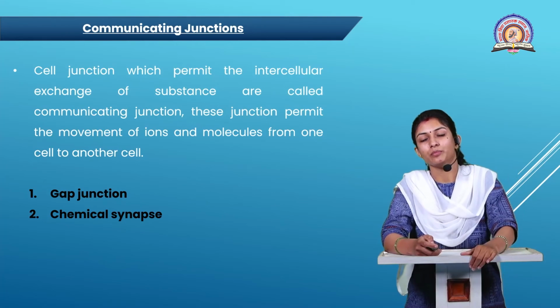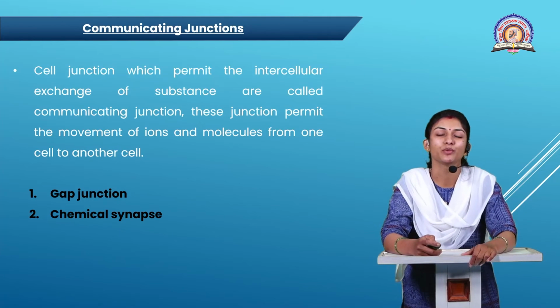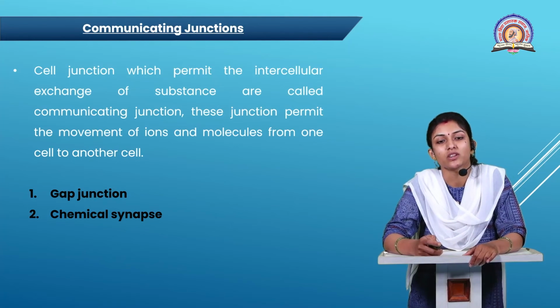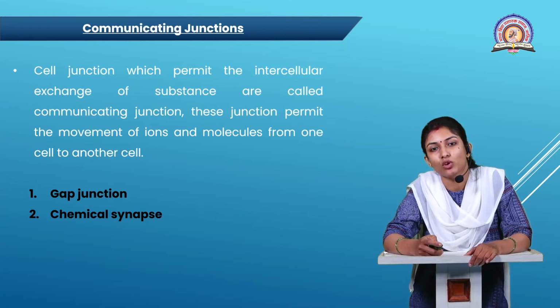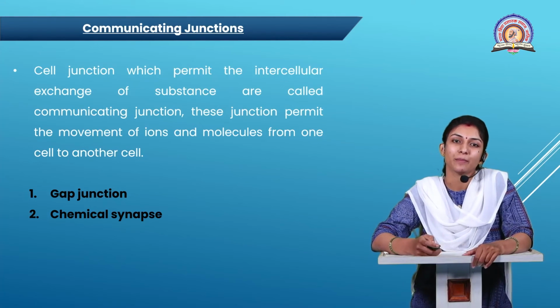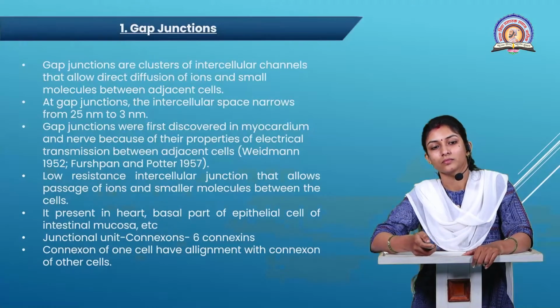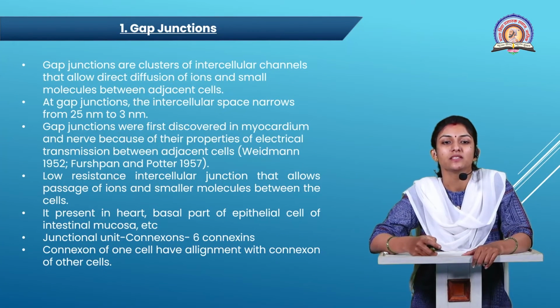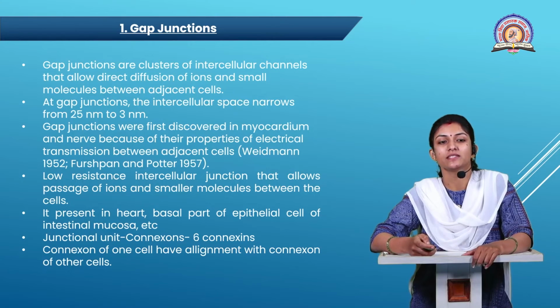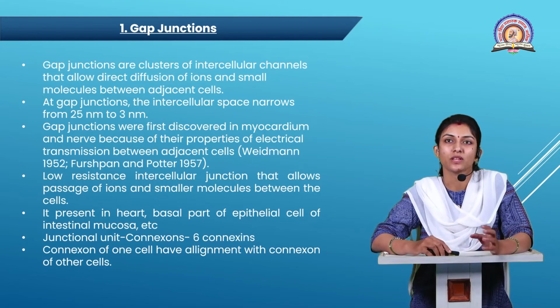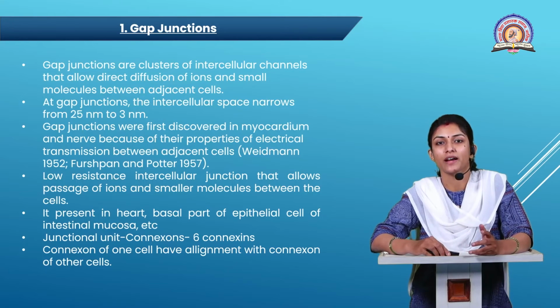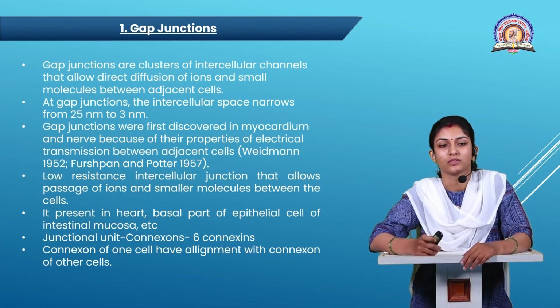Now, the third type of junction, communicating junction. Communicating junctions help in the transmission of signals, ions, and molecules, and include gap junction and chemical synapse. Gap junction is a cluster of intercellular channels that allow direct diffusion of ions. Gap junction has a gap, so direct diffusion of ions, molecules and different types of signals is possible.